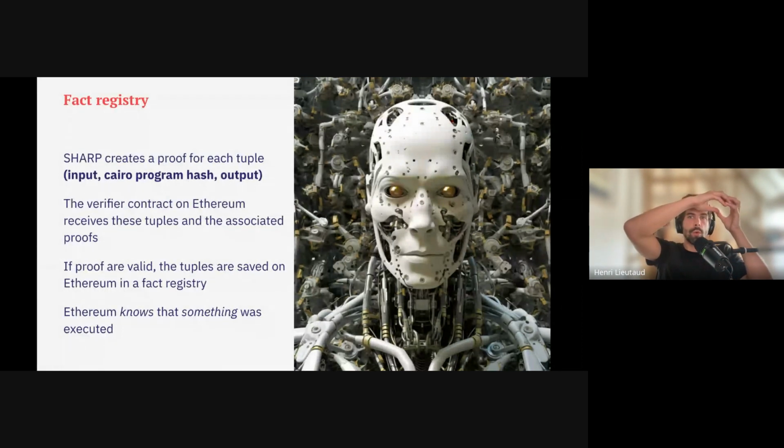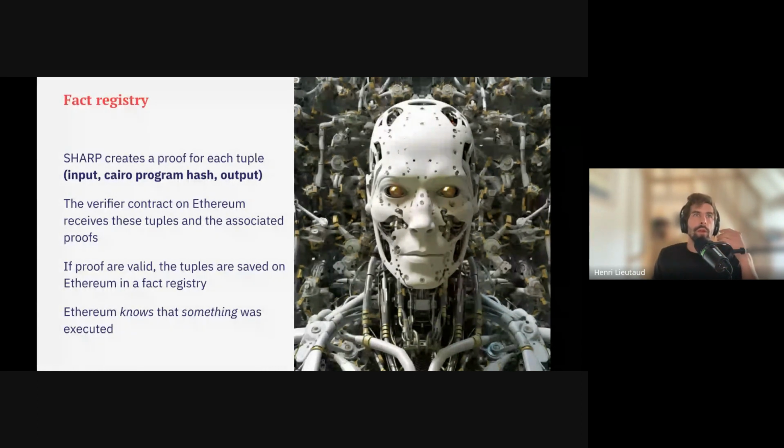The identity of the program being proven, the input hash, and the output hash. In the case of Starknet, for example, the input is the state of the previous block. The output is the state after aggregating the block, and the Cairo program hash is the StarknetOS, right?